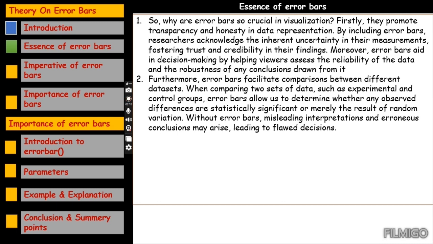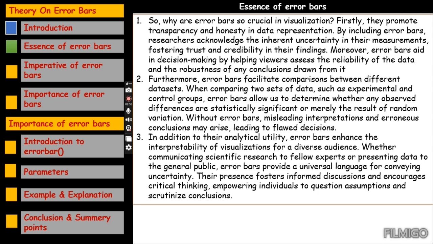When comparing two sets of data, such as experimental and control groups, error bars allow us to determine whether any observed differences are statistically significant or merely the result of random variation. Without error bars, misleading interpretations and erroneous conclusions may arise, leading to flawed decisions.